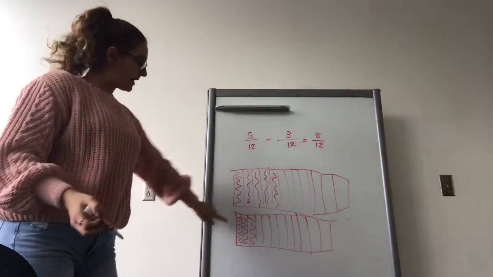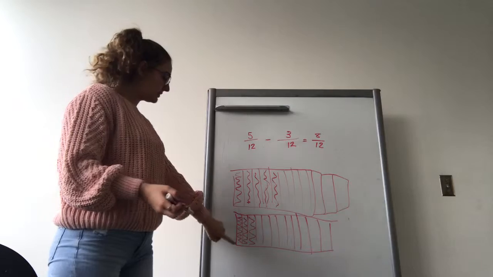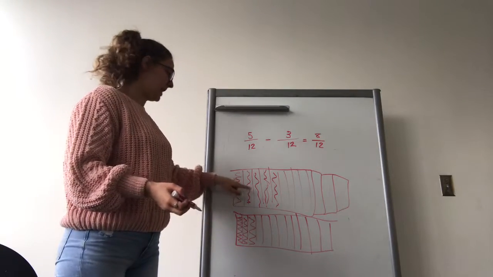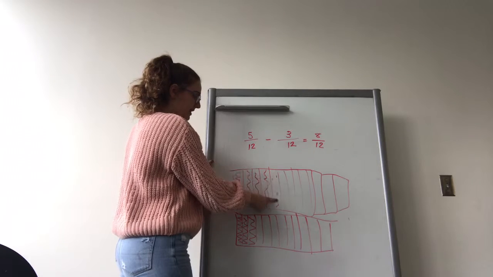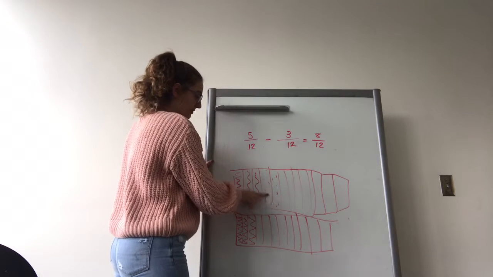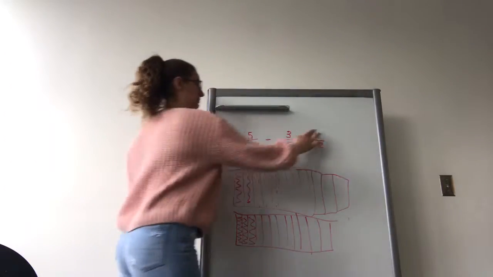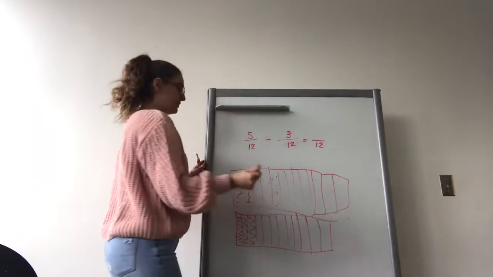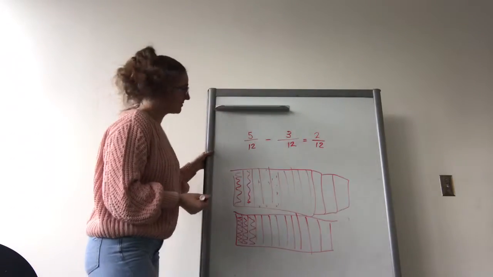So we can go back to looking at the top one because this is the number which you're starting with. I want you to take away 3 from the top. So look at the shaded ones and erase the shading in 3 of the boxes. What are you left with? Oops. 2 twelfths. So I did that wrong. I was only adding. I was still stuck on addition.